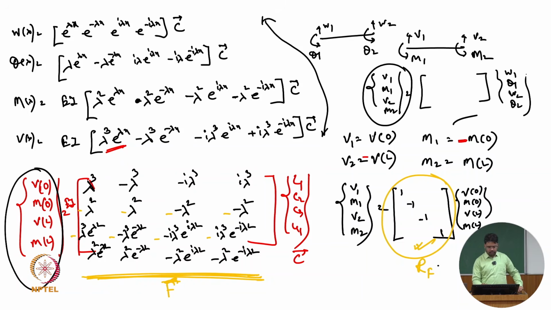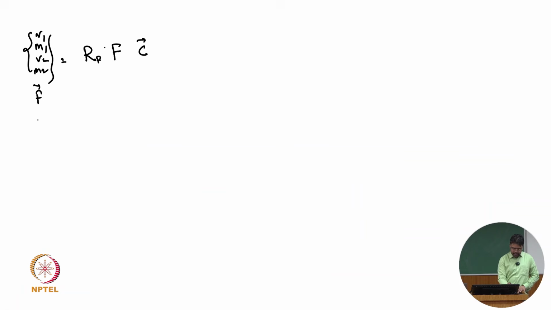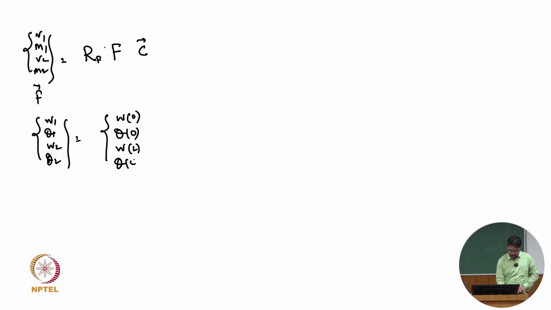So W1 will be equal to W0, theta 1 equal to theta 0, W2 equal to WL, and theta 2 equal to theta L. Simple. So W1, theta 1, W2, theta 2 is equal to W0, theta 0, WL, theta L.